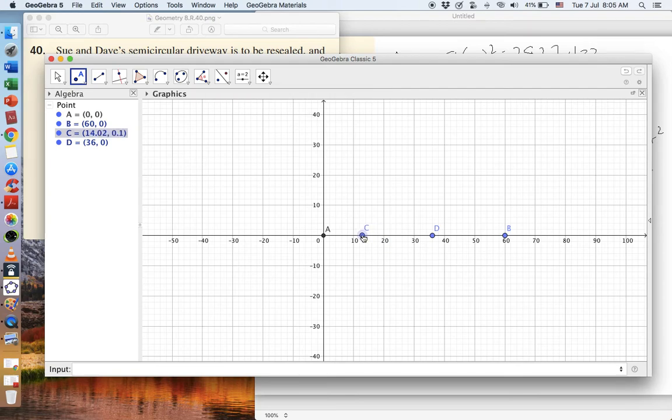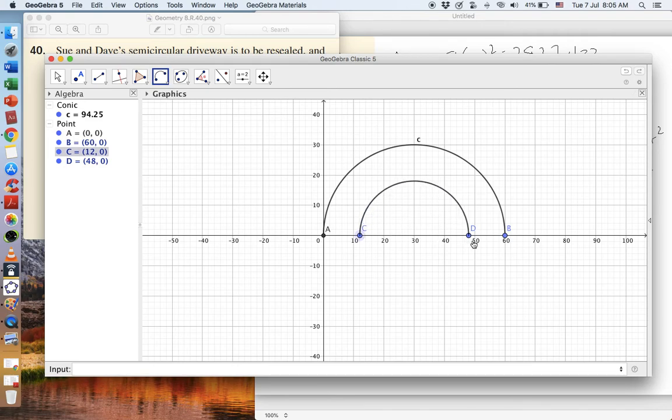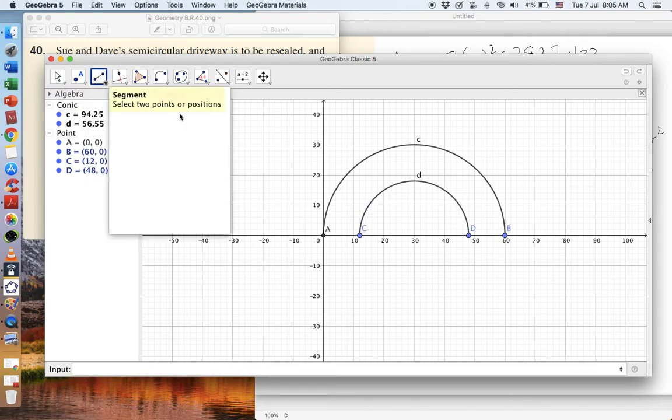No, these should be 12. That should be a 12. And this one should be 12 from 60, which is 48. Draw our semicircles. Line segments.